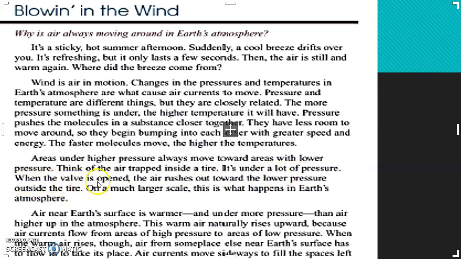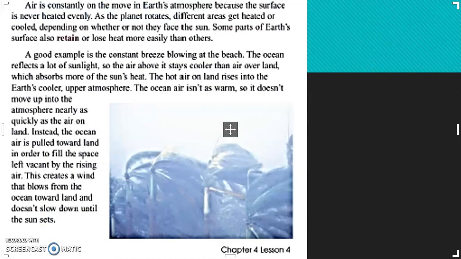When the valve is open, the air rushes out toward the lower pressure. So, in conclusion, we have different positions and locations of the wind, but everything is about the atmosphere. Everything depends on the pressure and the temperature of the planet.